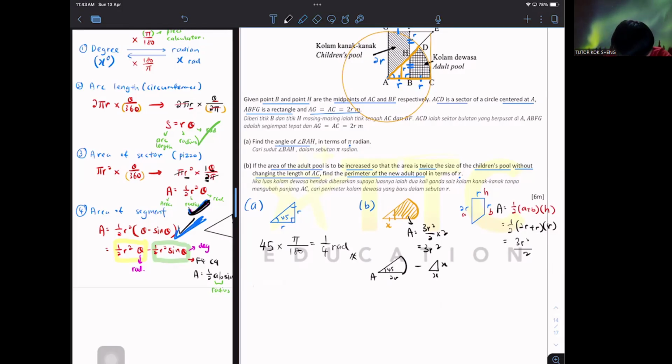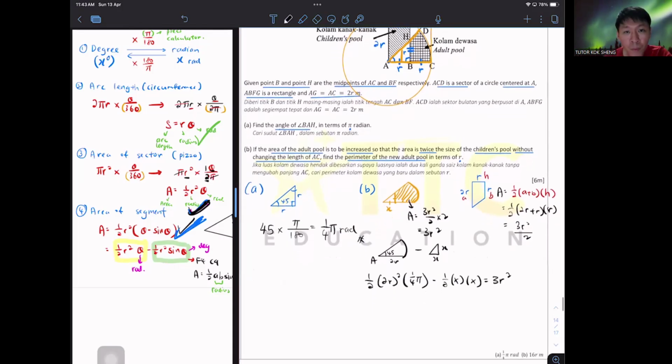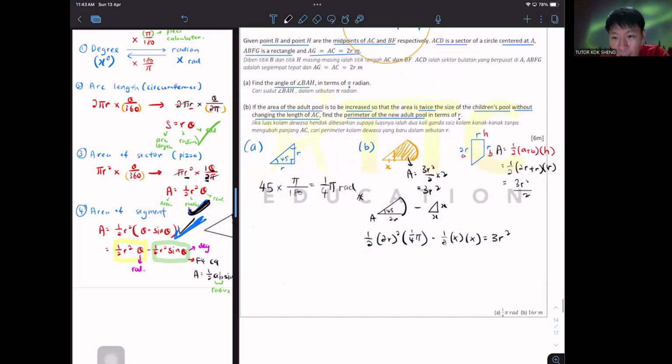Let's go. So sector: 1 over 2 r squared theta. Wait, I forgot a pi just now, sorry. Minus the triangle, 1 over 2 base times height, equals 3r squared. So you can find the x already.